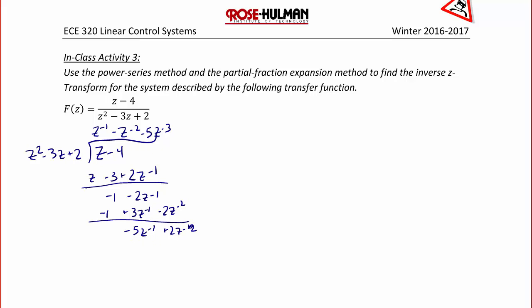And multiplying by negative 5Z to the negative 3, I get negative 5Z to the negative 1 plus 15Z to the negative 2 minus 10Z to the negative 3. So f of Z is equal to Z to the negative 1 minus Z to the negative 2 minus 5Z to the negative 3, and so on.